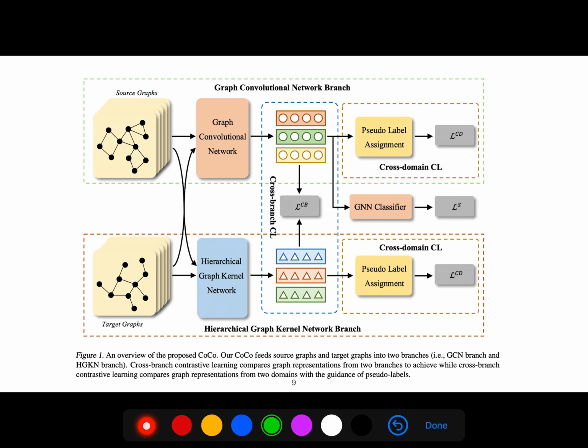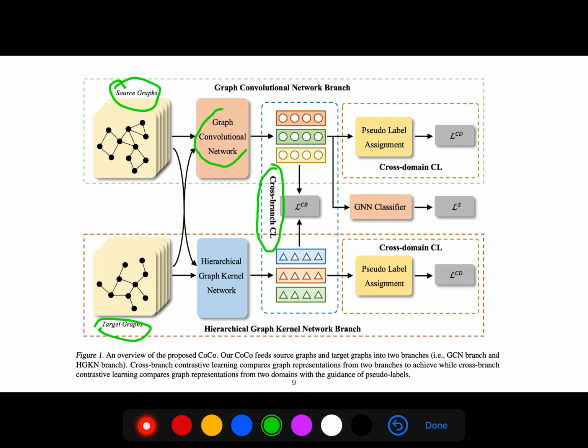You see the overview of their framework. Here we have source graphs, and here we have target graphs. Now here is a cross-branch contrastive learning. So the two branches could be the GCN branch and the HGKN branch.